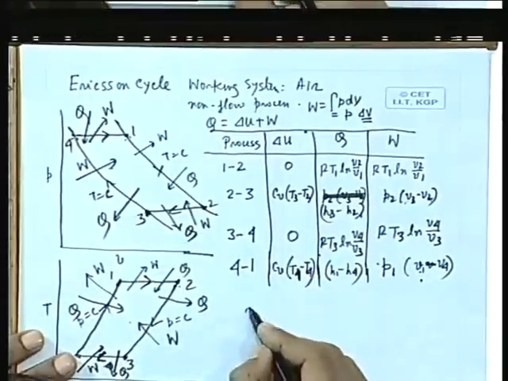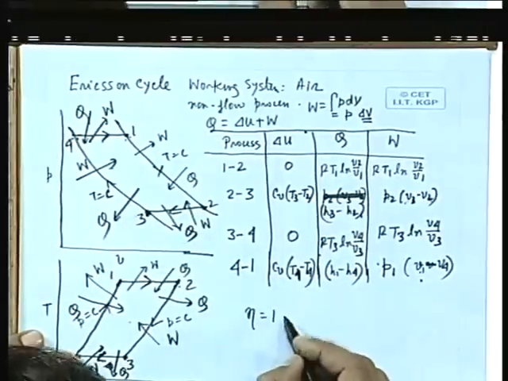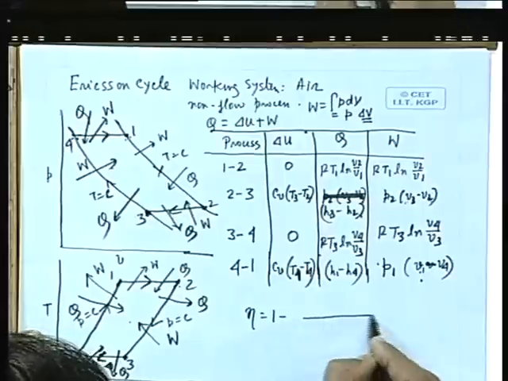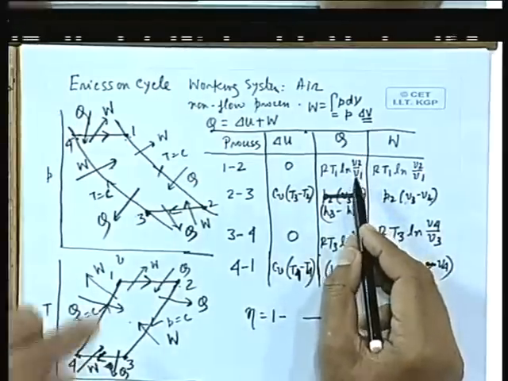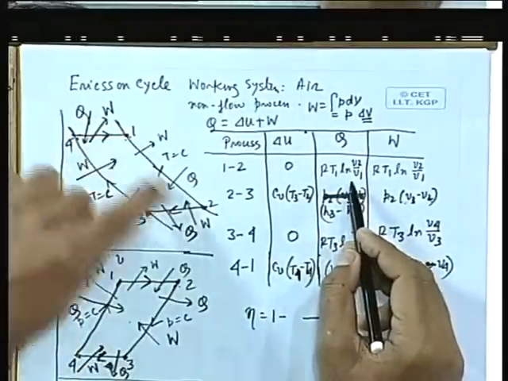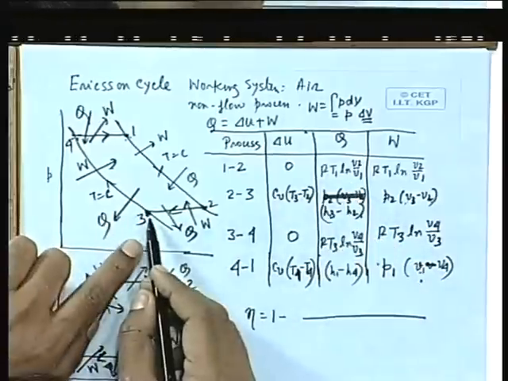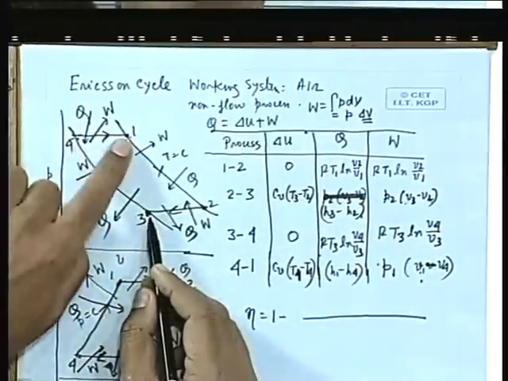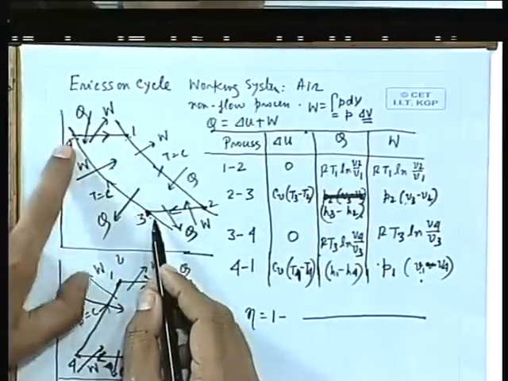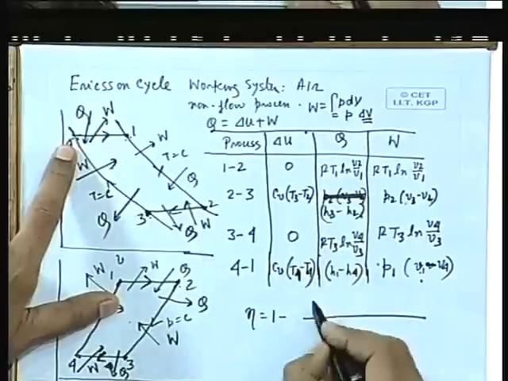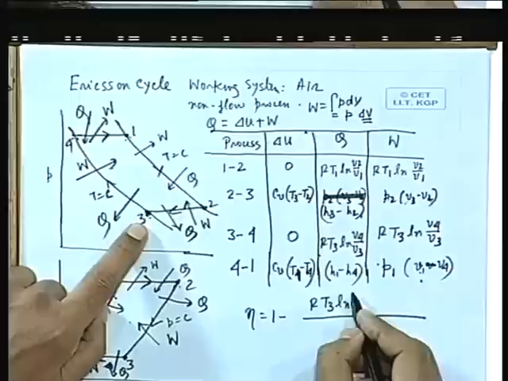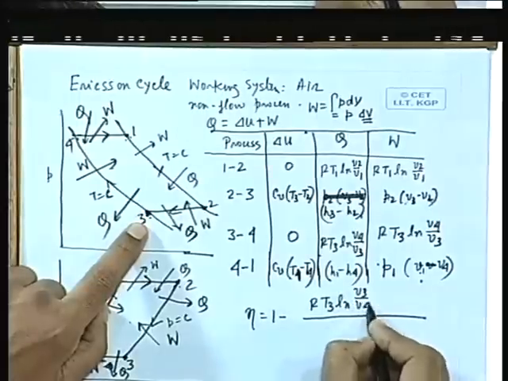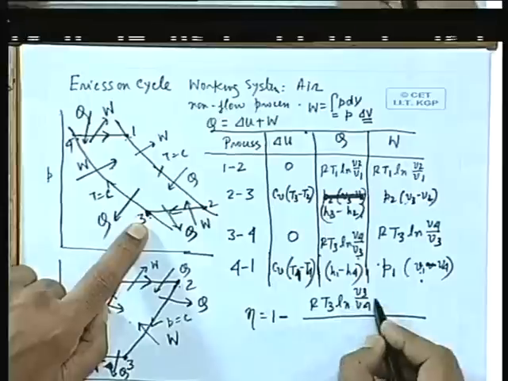Now we can find eta in a similar way as 1 minus heat rejected by heat added. Where are the heat rejections? The heat rejection is in 3-4 and 4-1. For the 3-4 process, this is RT3 ln V3 by V4, taking the value without the negative sign, since the negative sign is already taken.